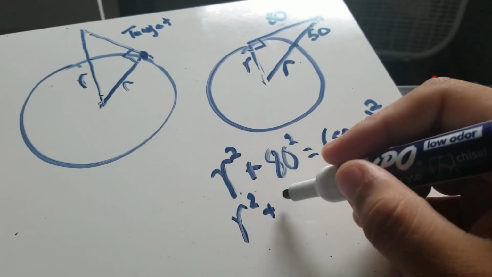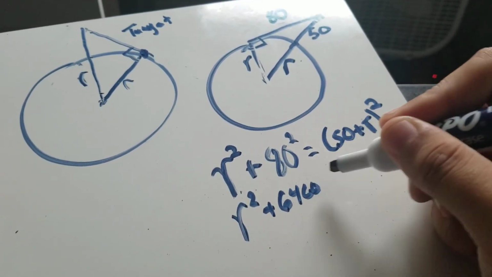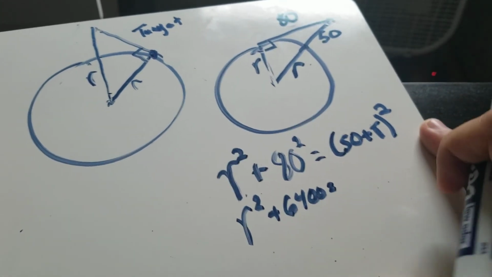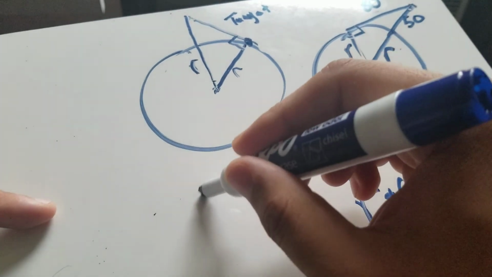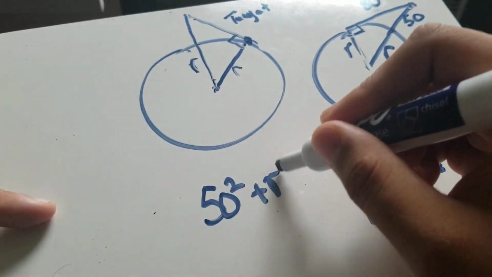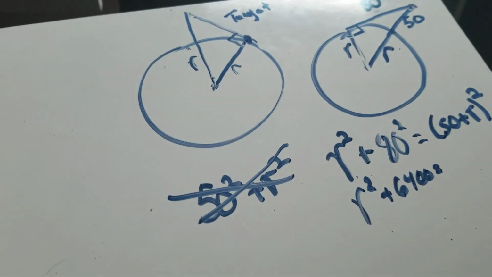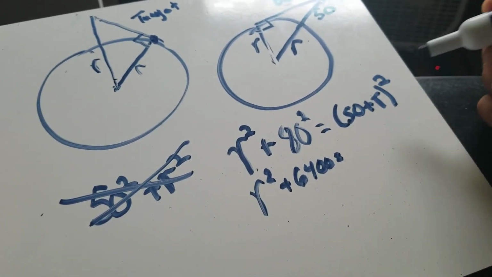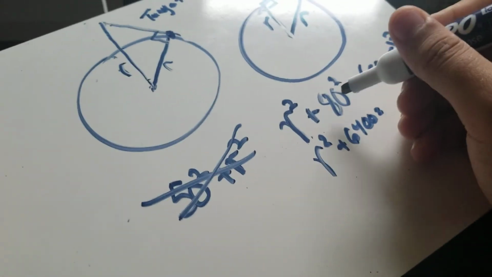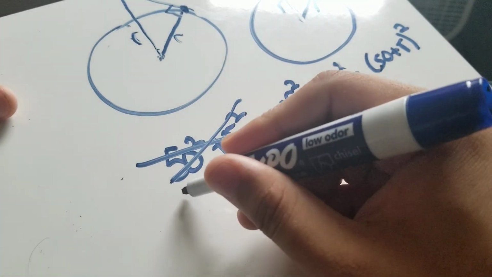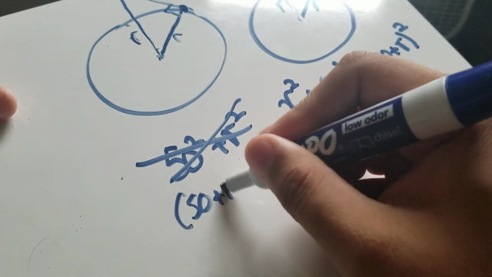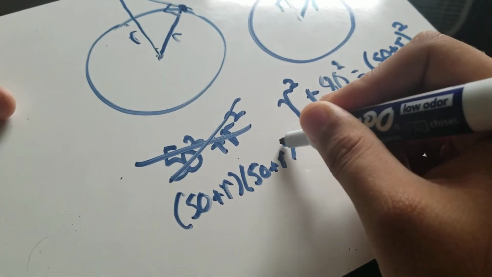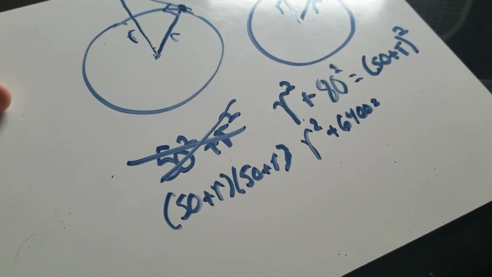If you want to, you could do 80 squared and you get 6,400. But over here, we got (50 plus r) squared. Now, very important, if I see 50 squared plus r squared, that's 100% incorrect, and I will mark points off for that. Instead, you have to rewrite this part as (50 plus r) times (50 plus r). Now we're taking some old algebra skills and we're going to have to FOIL.